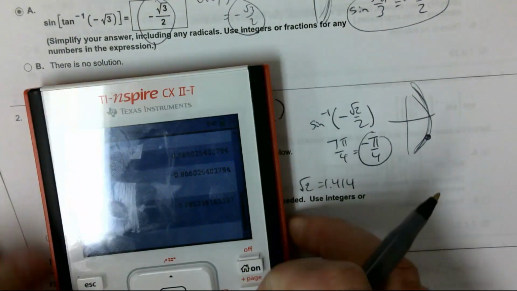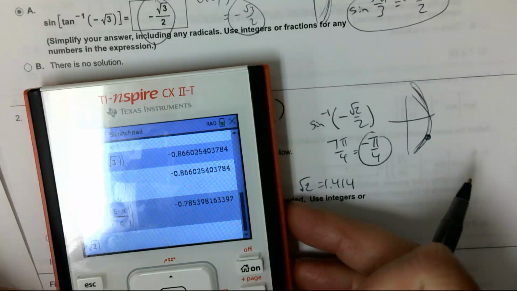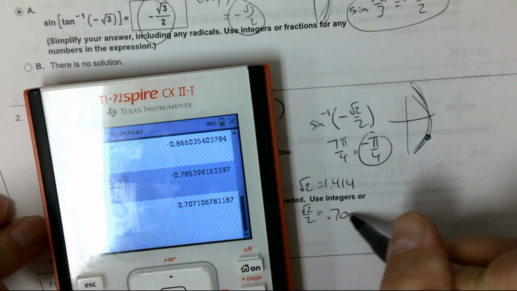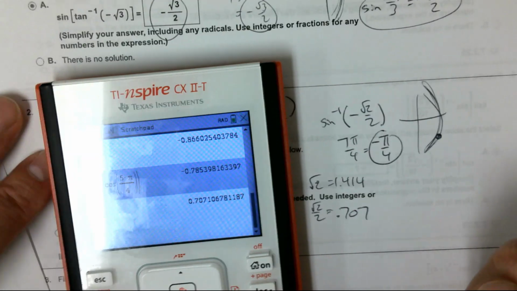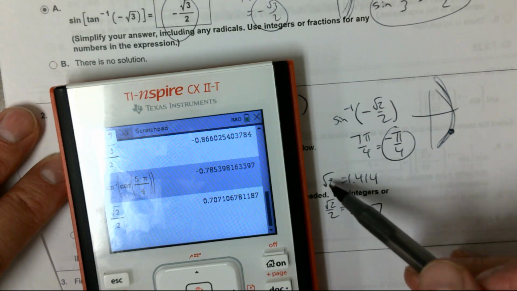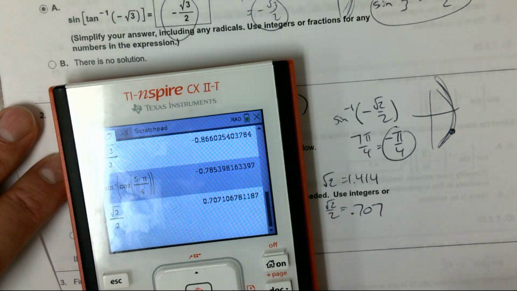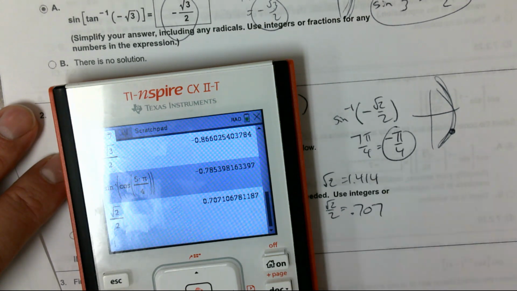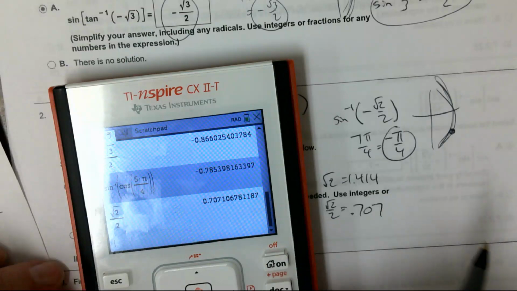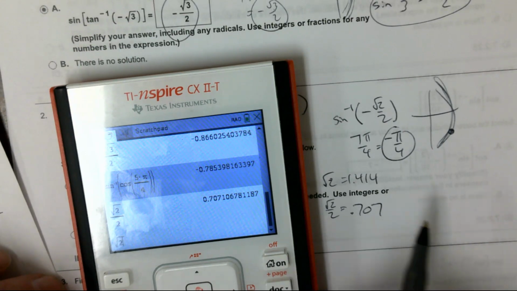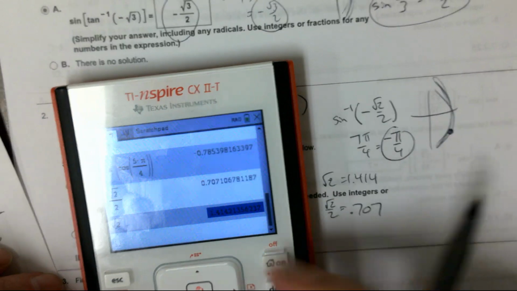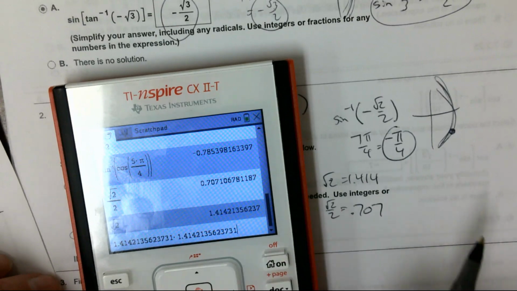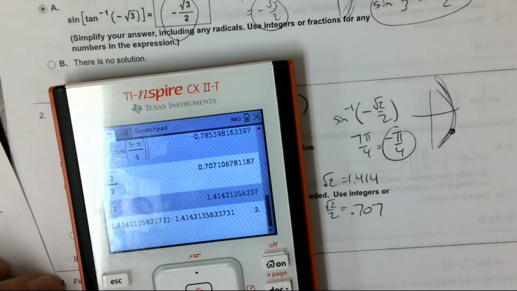Square root of 2 over 2 is 0.707. Taking the square root is not the same as just dividing by 2. It's basically 1.4 times 1.4 that gives you 2. If I highlight it by pressing up, press enter, and then times this, I should get 2. So that's how it's all related.